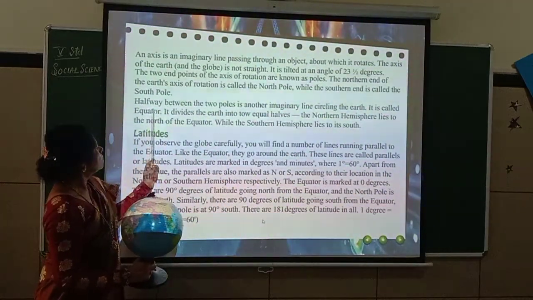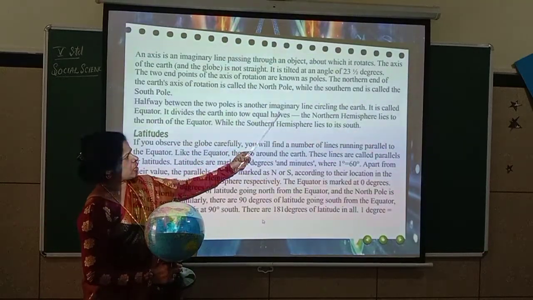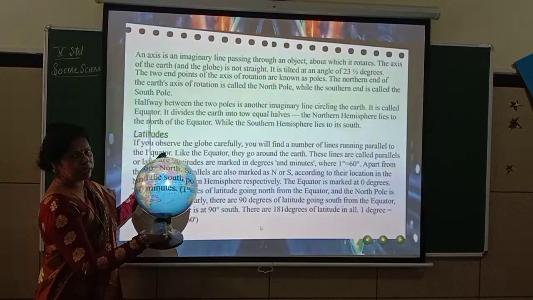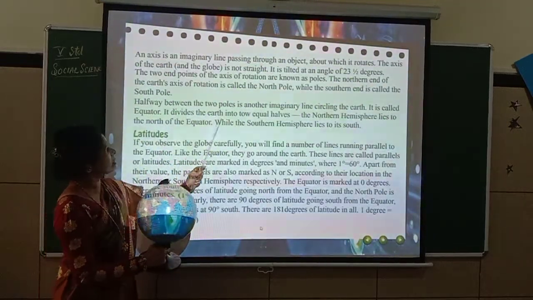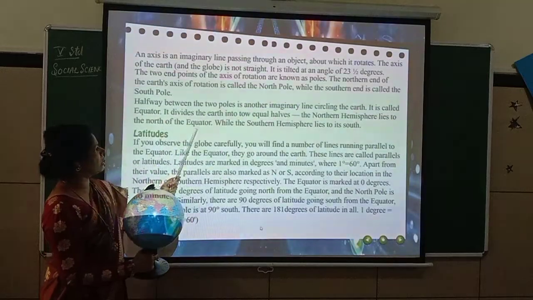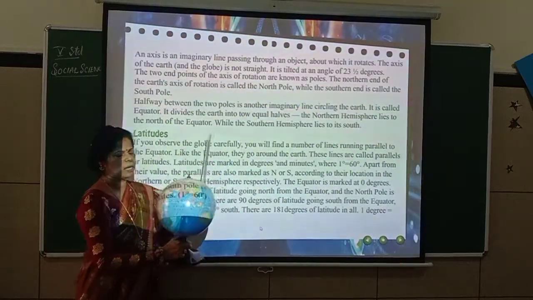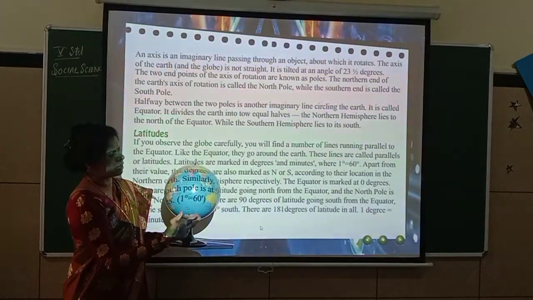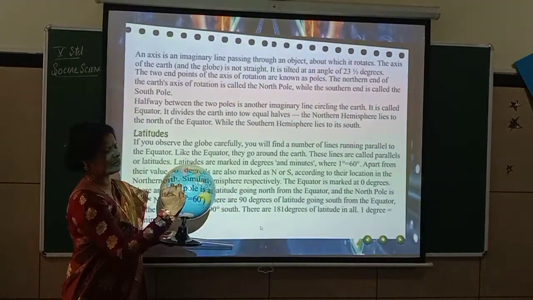So halfway between the two poles is another imaginary line circling the earth. It is called the equator. It divides the earth into two equal halves. The northern hemisphere lies to the north of the equator, while the southern hemisphere lies to the south. Here you can see this is southern hemisphere, this is northern hemisphere, and the middle line is called the equator.